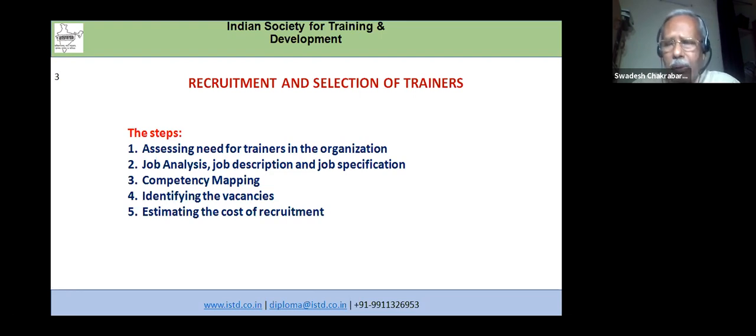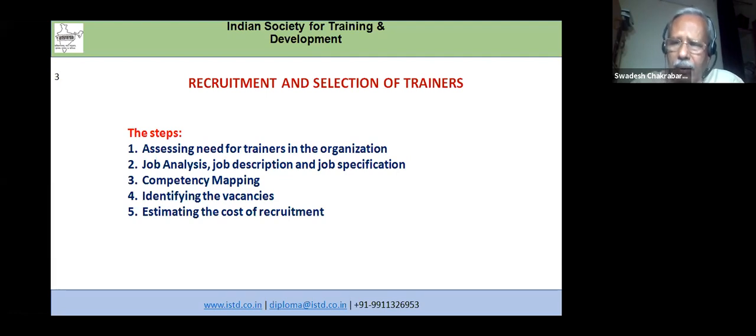That will depend upon the subject matter, the depth of the subject, how to deal with the subject, what are the requirements of the organization, what are the subject matters, and to what extent the trainers need to give training to the people, at what level. And this is possible to be known by the process of job analysis, job description, and job specification.